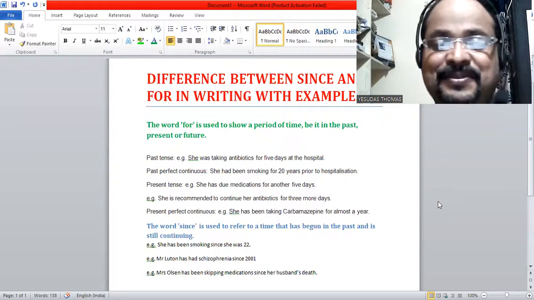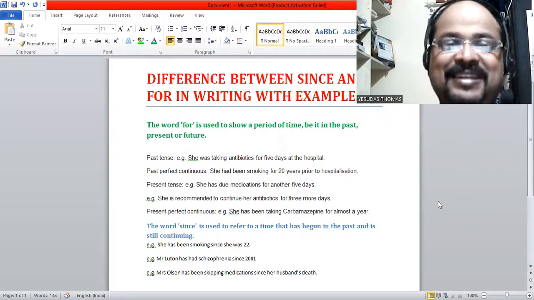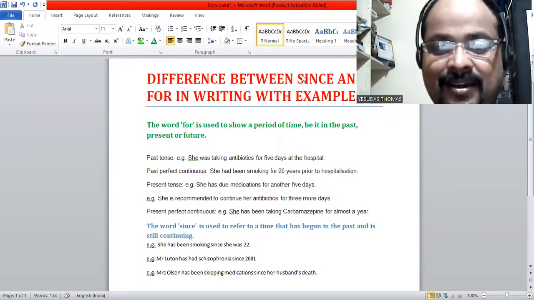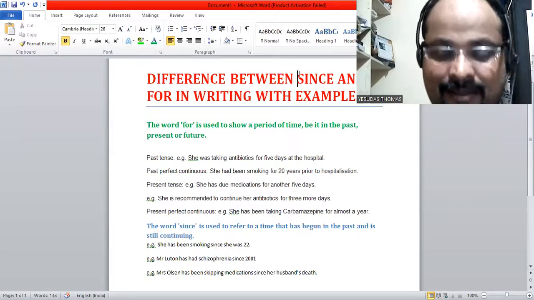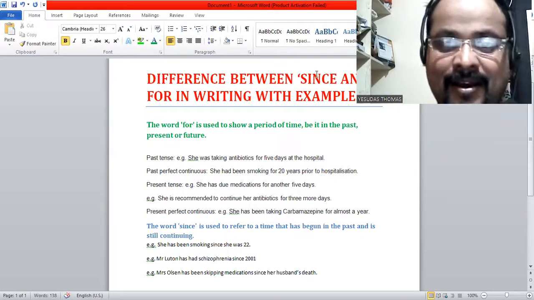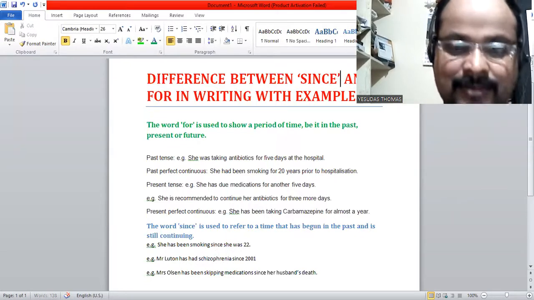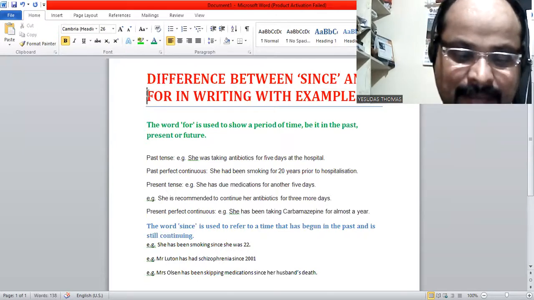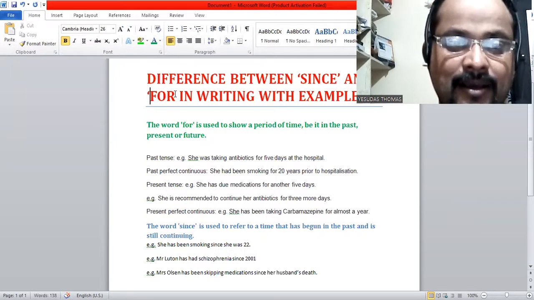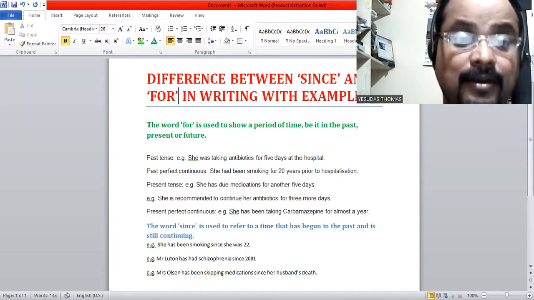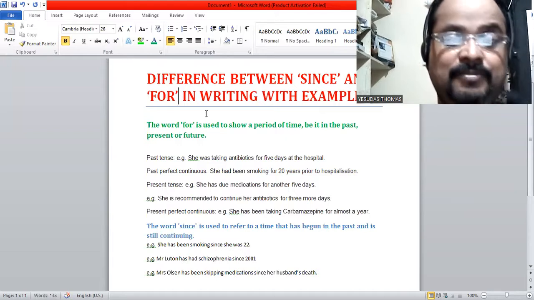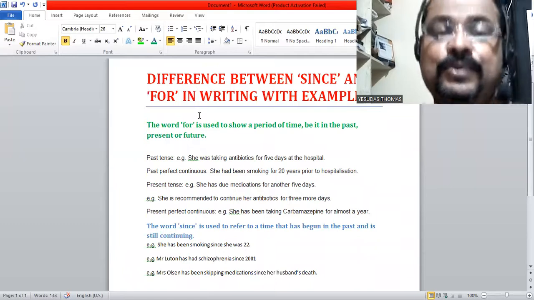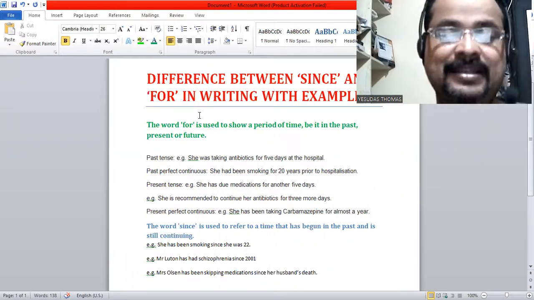Today we are going to discuss the difference between since and for in writing, in OET writing especially. Many of my students have been asking me the difference between since and for, and how it's used in writing letters.